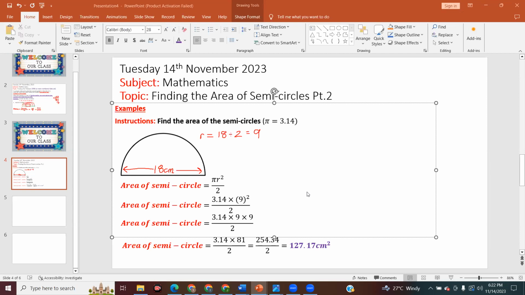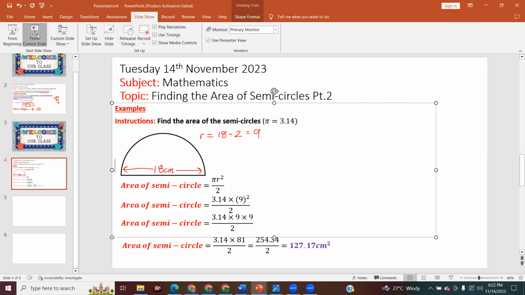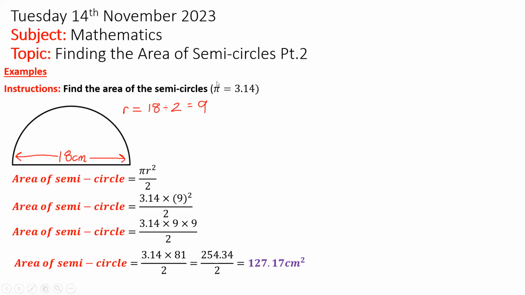Waterfall, do you understand how to do this? Yes, sir. Tanaz Forbes, do you understand how to do this question? Yes, sir. Good. Shion, do you understand? I think so. You think so?